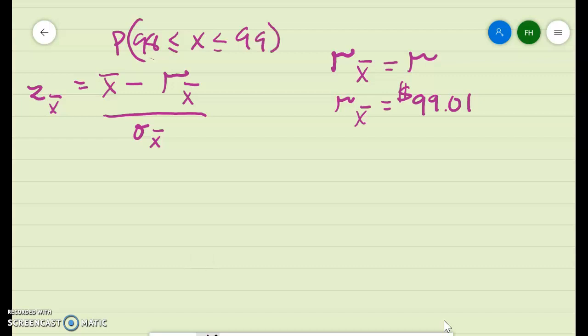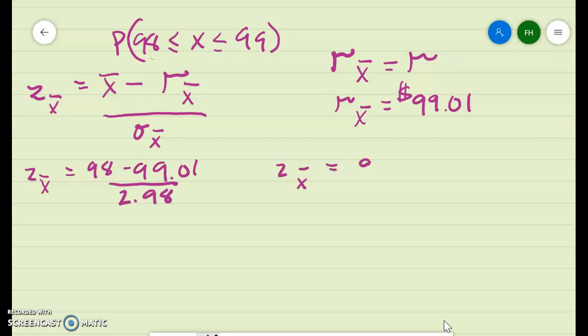So we're going to do 98 minus 99.01 divided by 298, and we're going to do 99 minus 99.01 divided by 298.